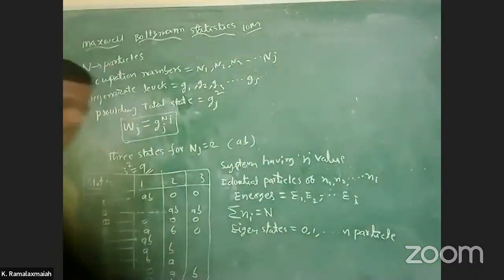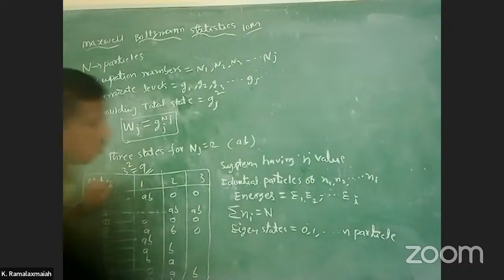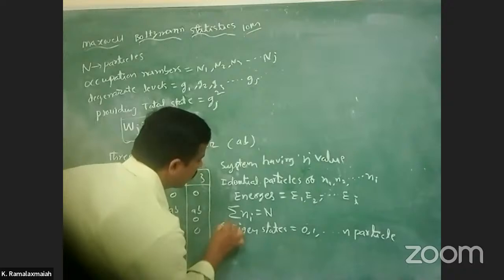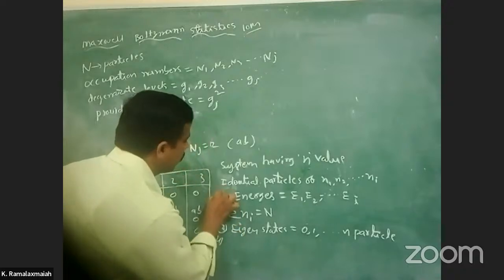The fourth one is summation ni Ei. This is the third one, second one, and first one.